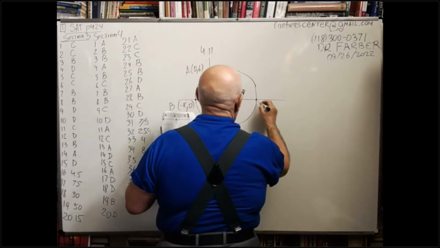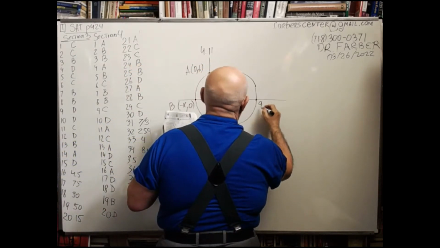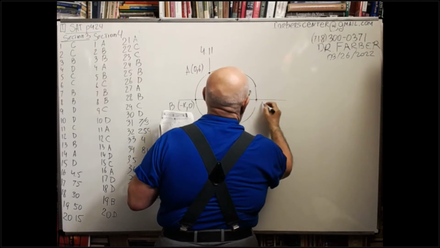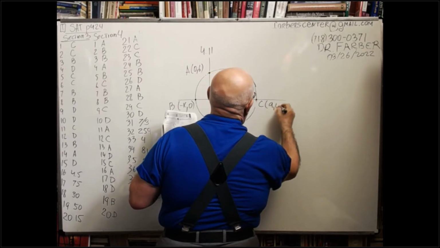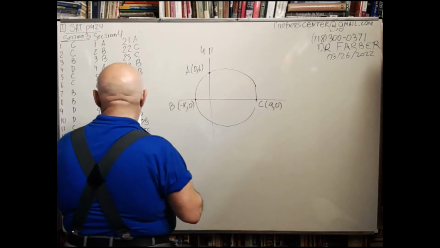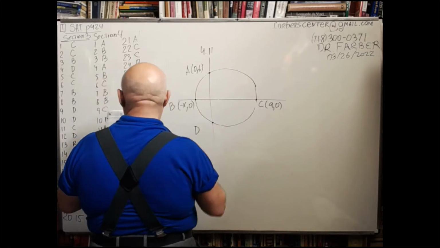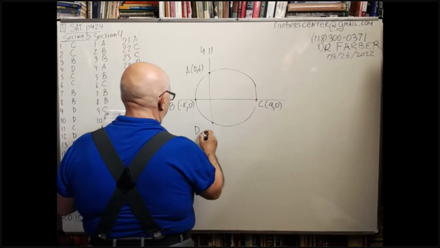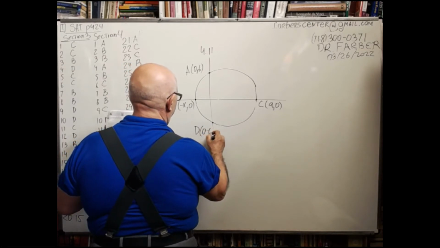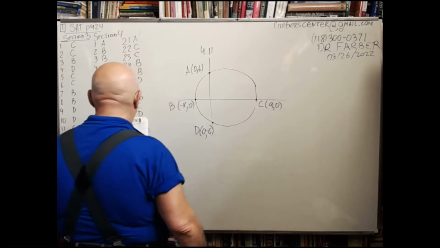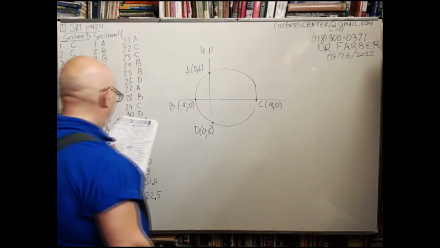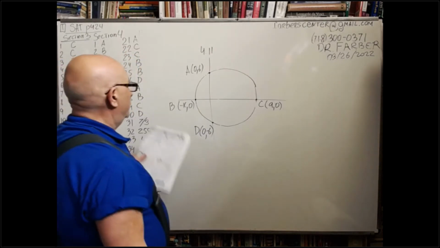This is 9, 0. What is it? C? 9, 0. And D is 0, negative 6. What is the value of K?